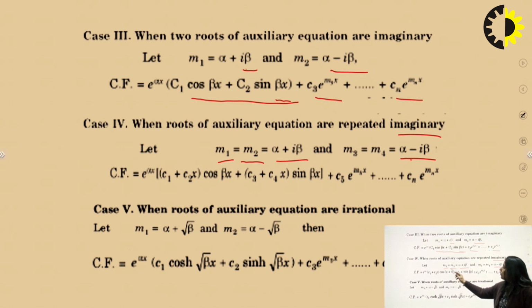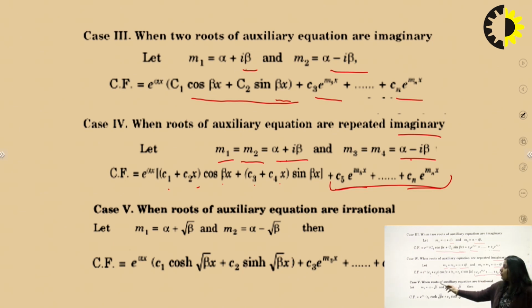So for these imaginary roots, the terms of CF will be e^(alpha x) times (c1 + c2 x) cos beta x plus (c3 + c4 x) sin beta x, plus c5 e^(m5 x) for real root, and plus up to cn e^(mn x). All these terms of CF are for real roots.